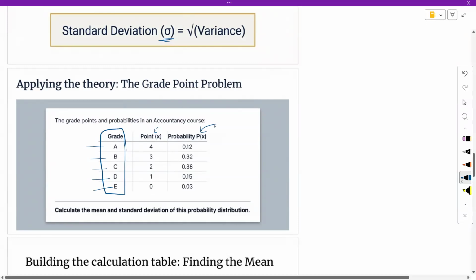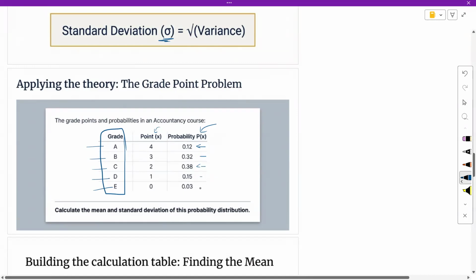Now, based on your experience and based on the hardness or easiness of the exam we have written, the probability of getting grade A is only 12%. Probability of getting B is 32%. Probability of C is 38%. Probability of D is 0.15.